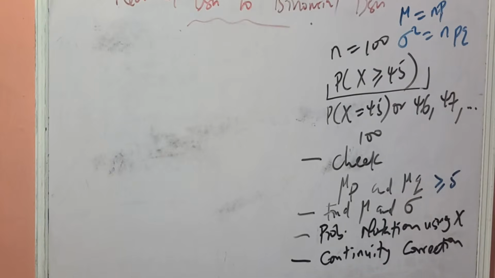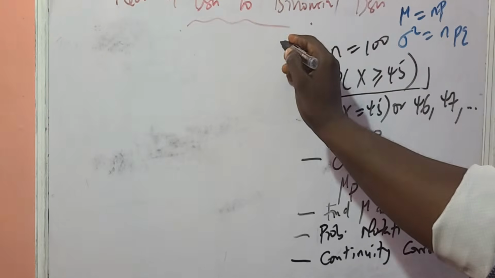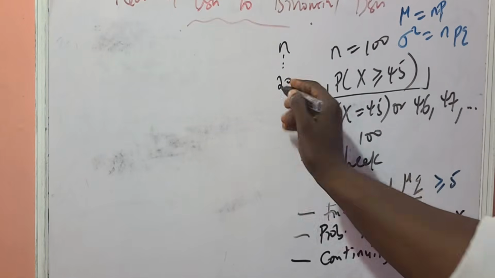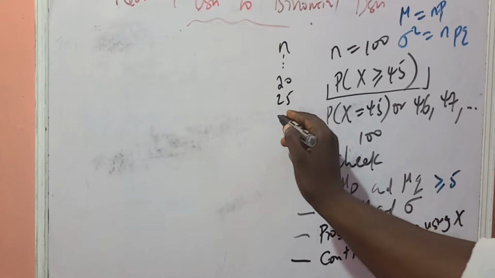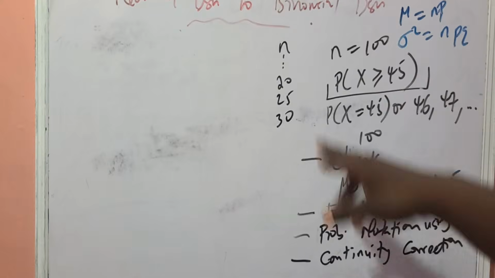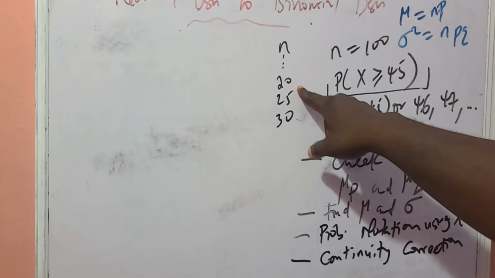If you notice your binomial table, which I believe every one of you has already, in many cases it will only give you values of n up until 20. And when it gets to 20, you will see it probably gets to 25. And if you're lucky, you see the table for 30. So you don't tend to see binomial tables that have 21, 22, 23.